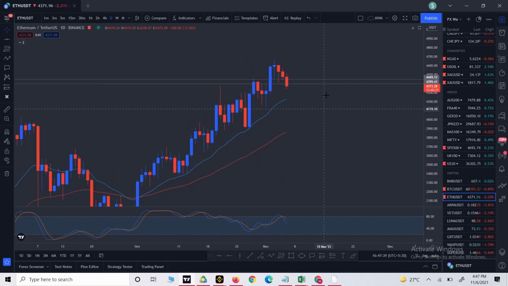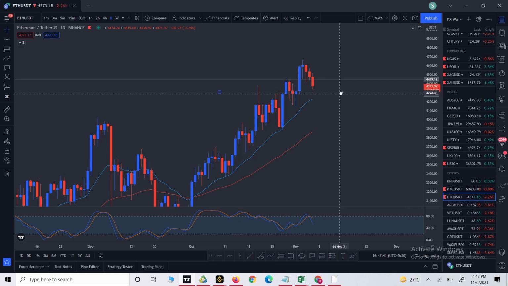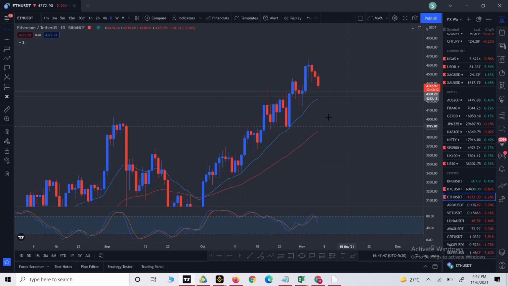And right now, I will say that this one is going to be the zone where we can wait for the price to retest. Now, as you can see, this is going to be an uptrend, and this is going to be the higher low of this uptrend.